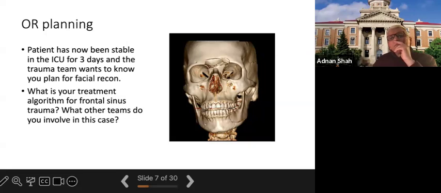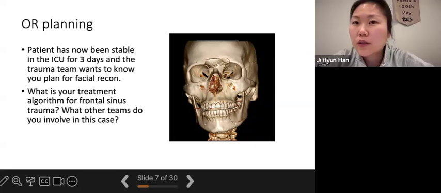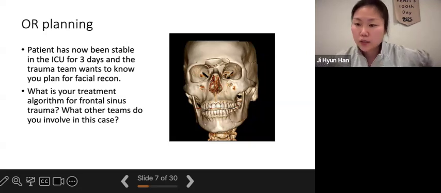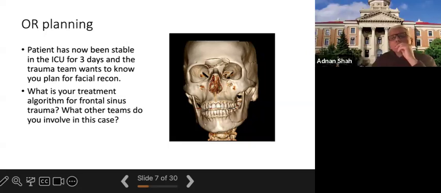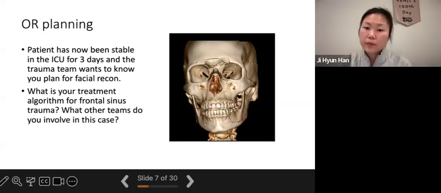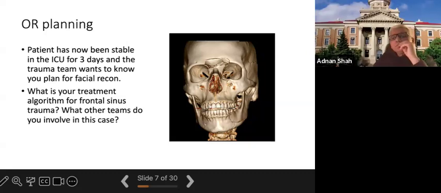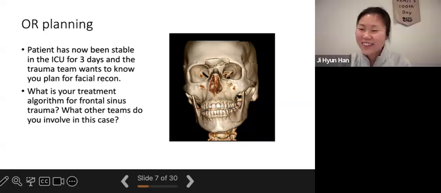Like I previously mentioned, you could get your ENT colleagues to do an endoscopic repair of the frontal sinus outflow tract. What else can be done? Assume that ENT colleagues are not available. Then you could take off the anterior table and do an obliteration if the posterior table is not involved.